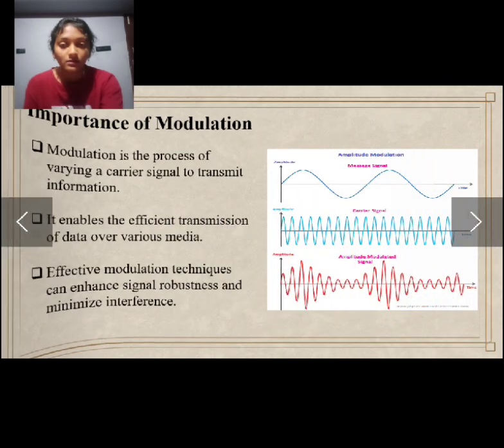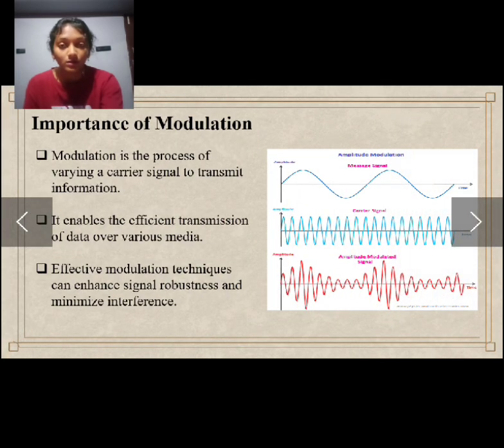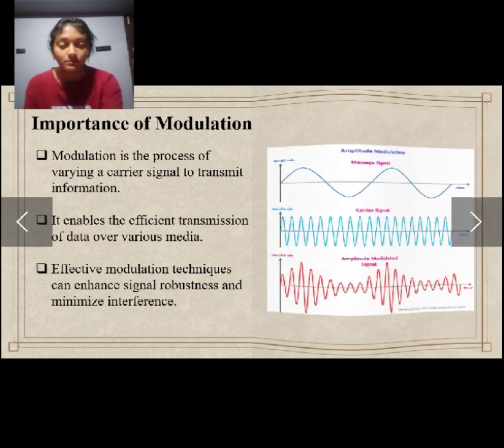The next is the importance of modulation. Modulation is a process of varying the carrier signal to transmit the information. It enables the efficient transmission of data over various media. Effective modulation techniques can enhance signal robustness and minimize interference.